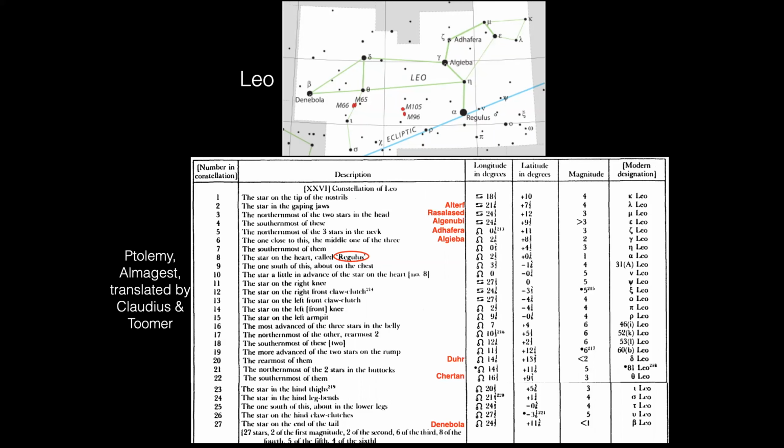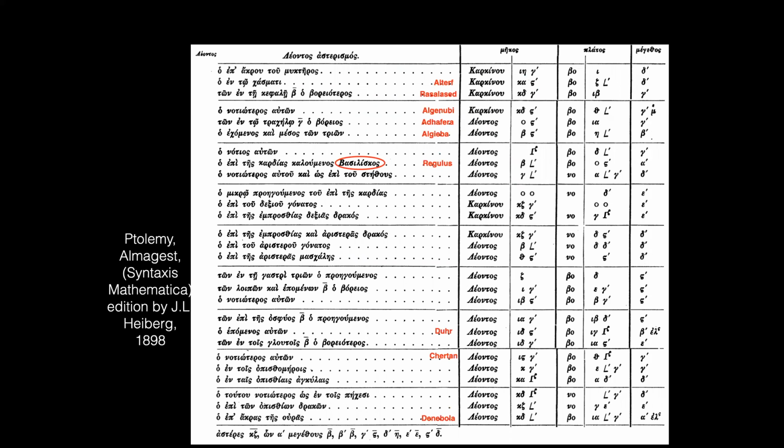Not all, but a good many of them. In fact, the star Regulus, that's a Latin name, as I pointed out. Ptolemy calls it Basiliskos, which is equivalent to the Latin Regulus, meaning little king. So he didn't even call it Regulus, he called it Basiliskos.